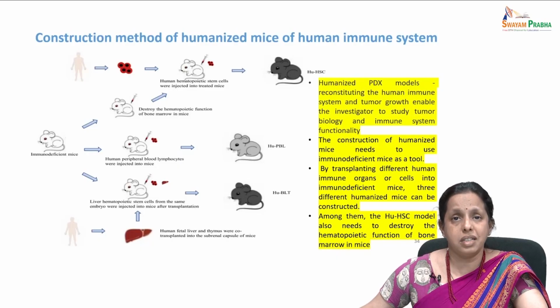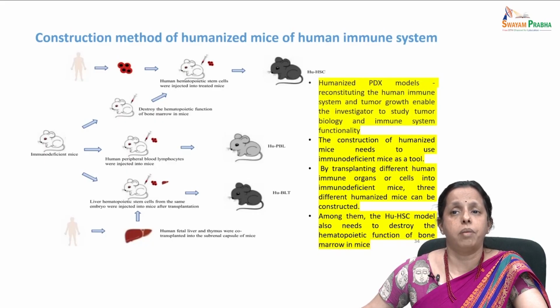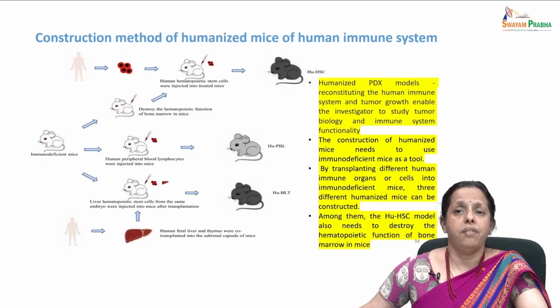Therefore, it is necessary to establish an animal model that can not only replicate the tumor microenvironment but also have a humanized immune system. Please note here, the humanized mouse is nothing but a mouse with a humanized immune system.